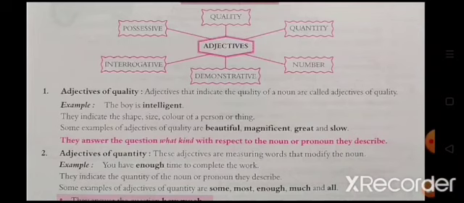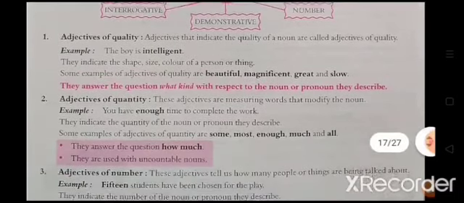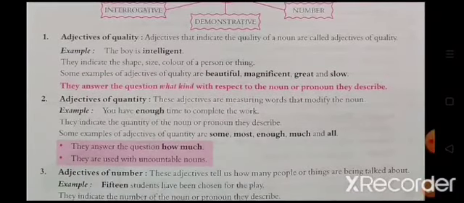For example, the boy is intelligent. They indicate the shape, size, color of a person or thing. Some examples of adjectives of quality are beautiful, magnificent, great and slow. They answer the question what kind with respect to the noun or pronoun they describe.